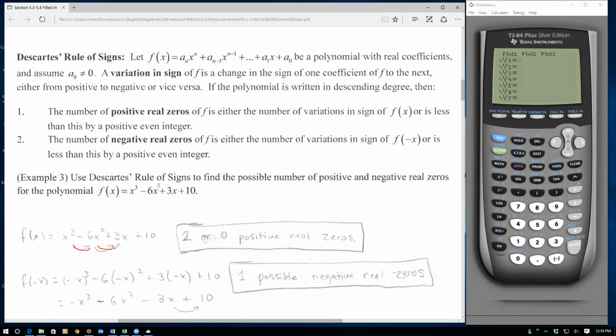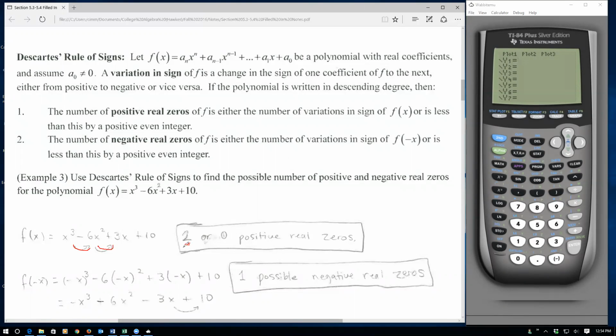I like to underline these. So we found that there are two variations of sign, and the theorem says that it's either the number of variations in sign or it's less than this by a positive even integer. So we essentially count down by twos, and we can't have negative zeros. So we essentially have 2 or 0 positive real zeros.